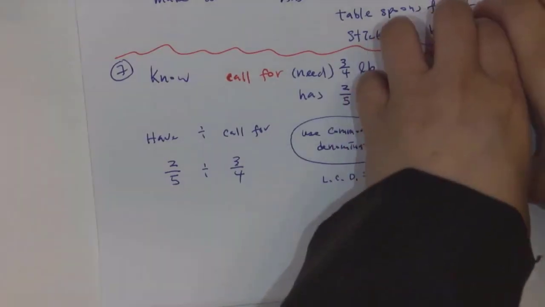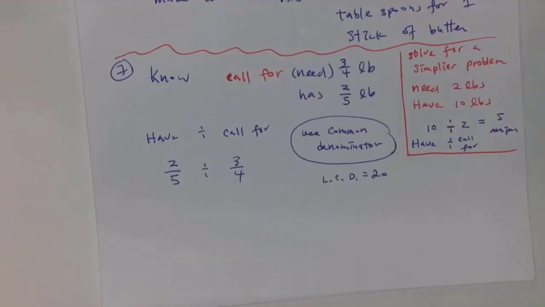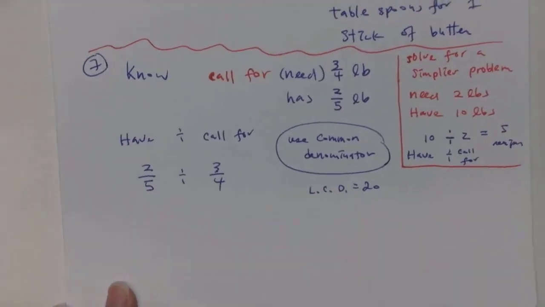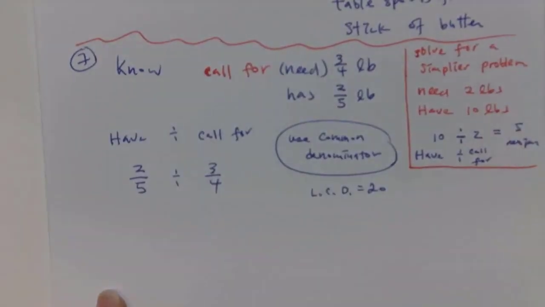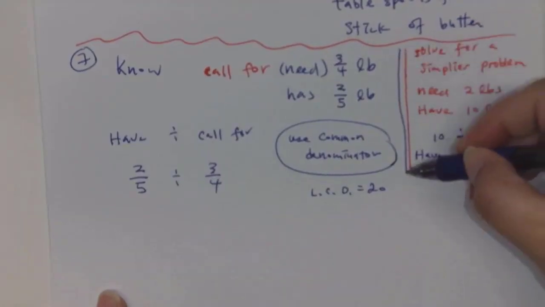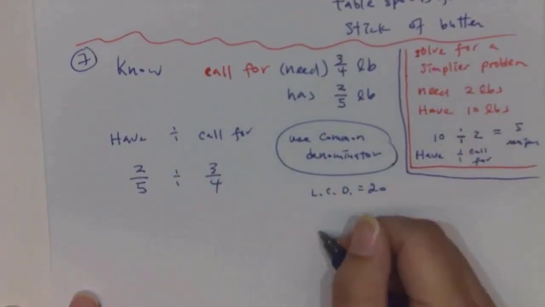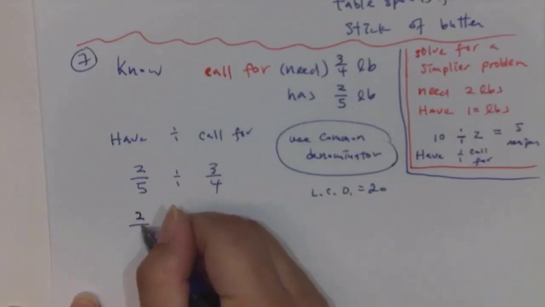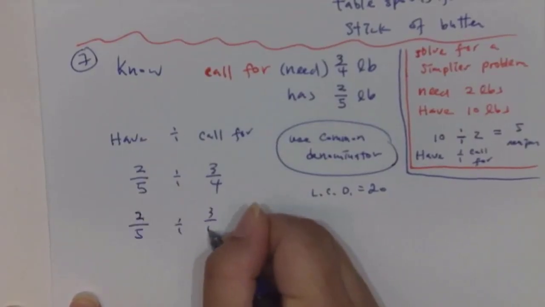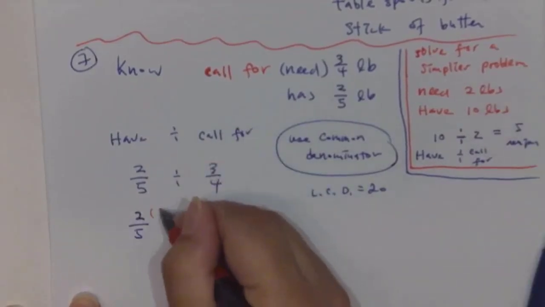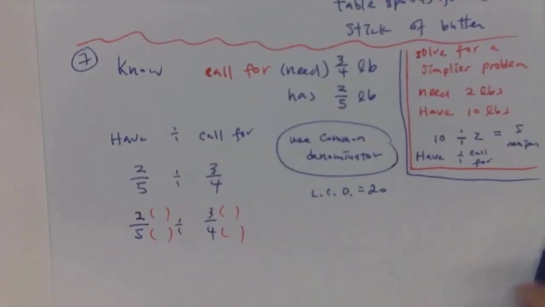This is a different question, just to show how it works. It's not from this question. It's just a similar problem. So you're going to need to multiply something to get everybody to have 20, and then you divide straight across.